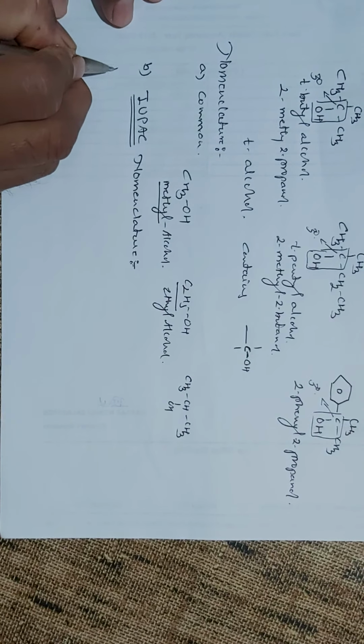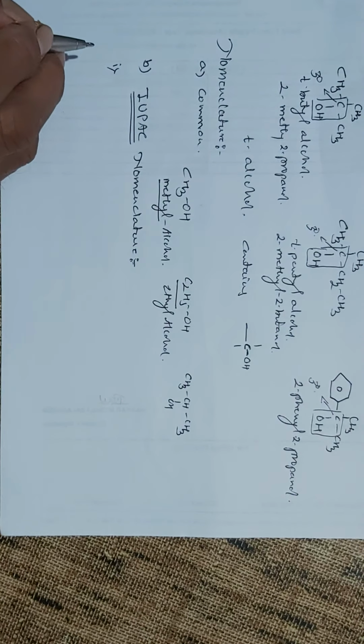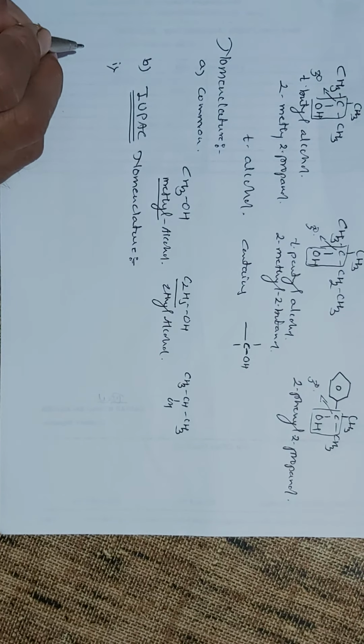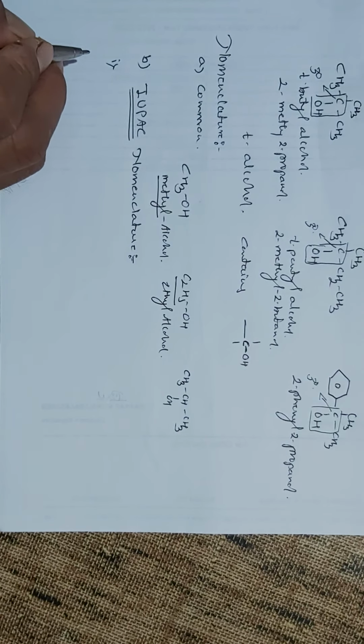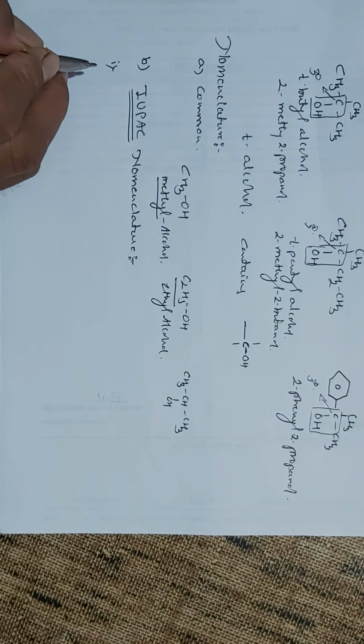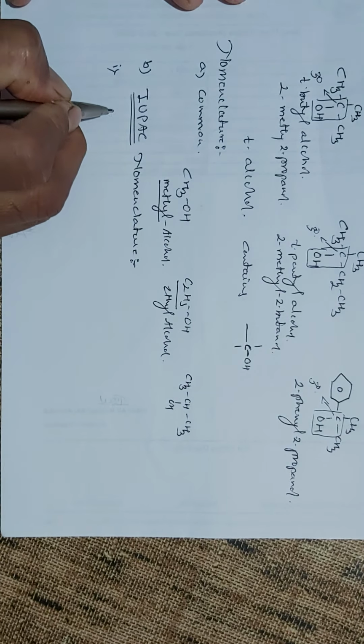The first rule is that whenever you get a skeleton of the molecule, select the straight longest chain of carbon atoms containing the hydroxyl group, and it is nothing but your parent hydrocarbon, depending upon the number of carbon atoms present in the longest chain.